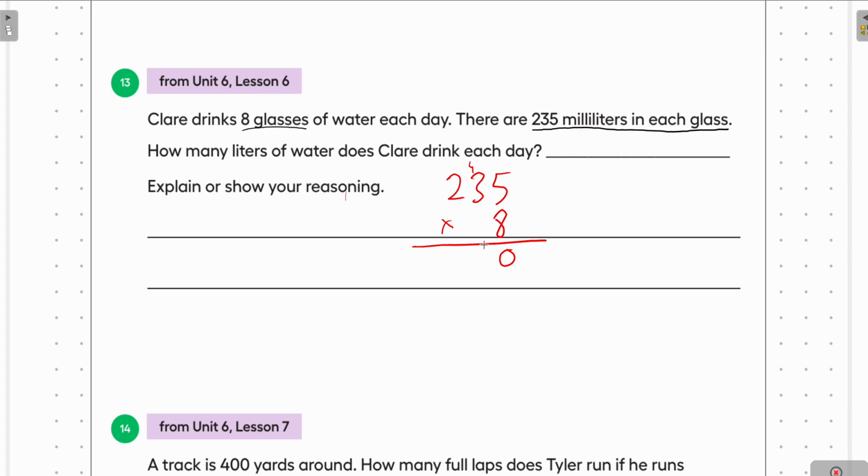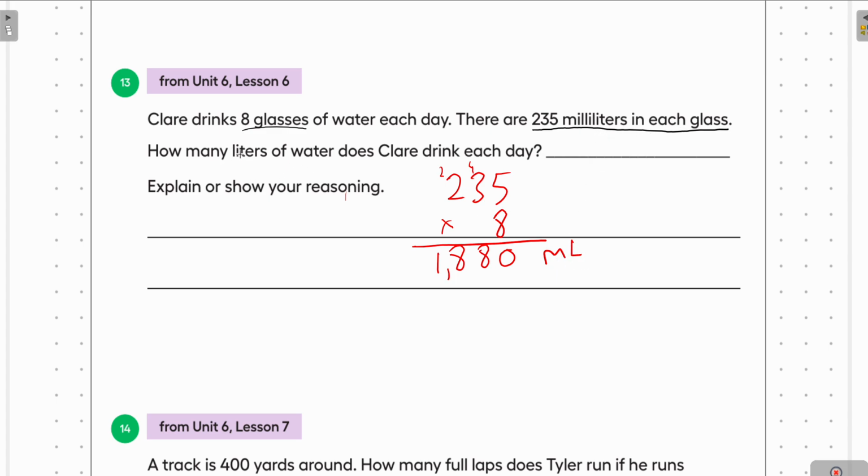Plus the 4. Okay, that's 28. Carry the 2 right here. So we got 8 times 2. 16, 17, 18. Okay, so we got 1,880 milliliters.